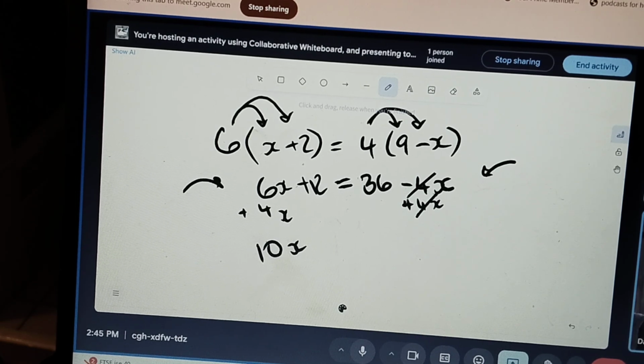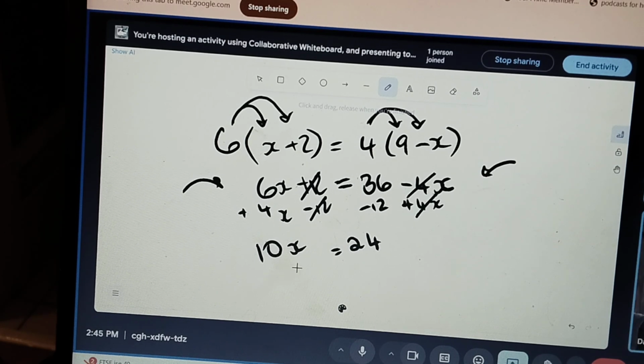But we're also going to minus this 12, because we don't want that 12 this side. So we're going to minus 12 from the 36. What's 36 minus 12? 24. 24, well done.